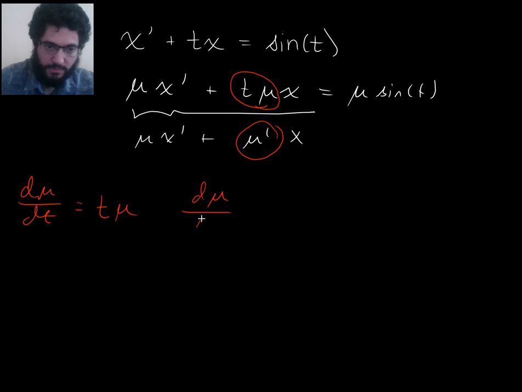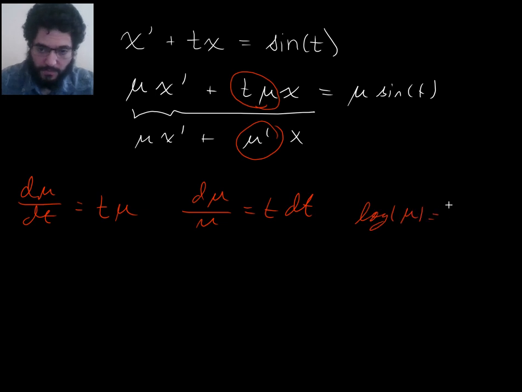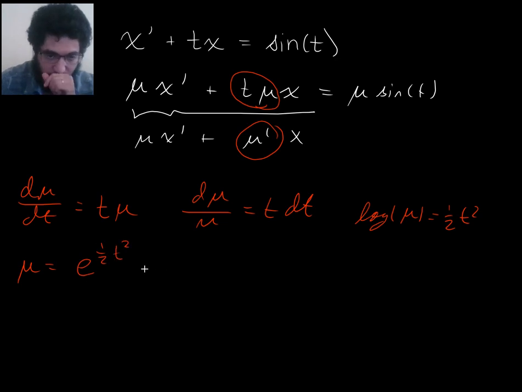So d mu over mu equals t dt. So that means log mu equals 1/2 t squared. So then mu is e to the 1/2 t squared. Yeah, that's it. Mu is that. So there's my integrating factor.